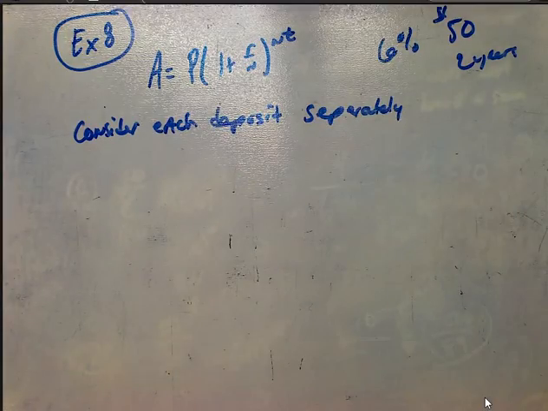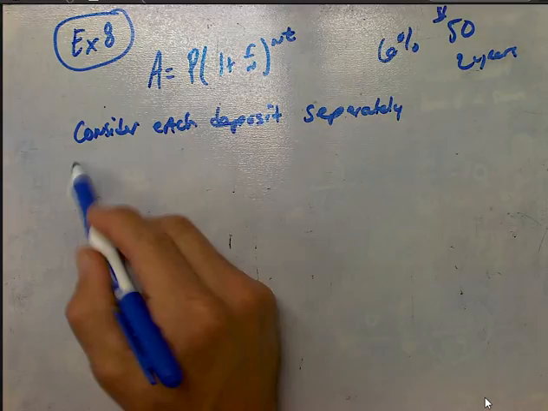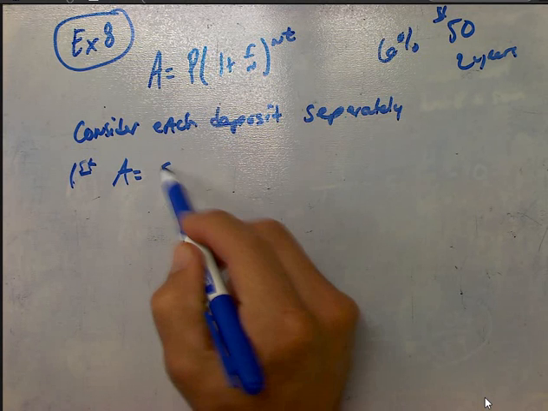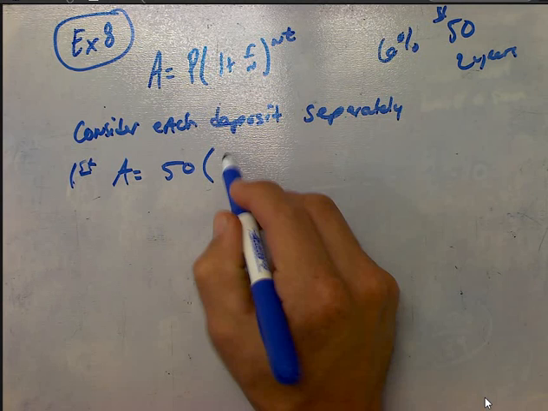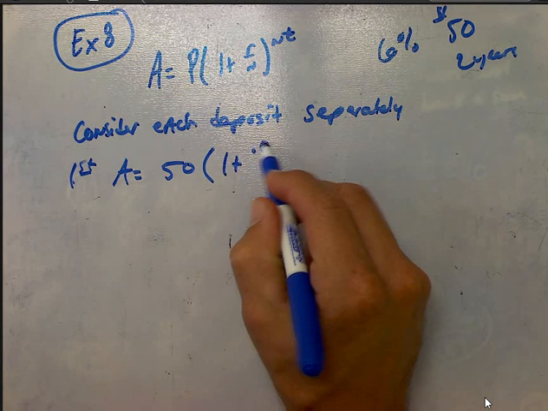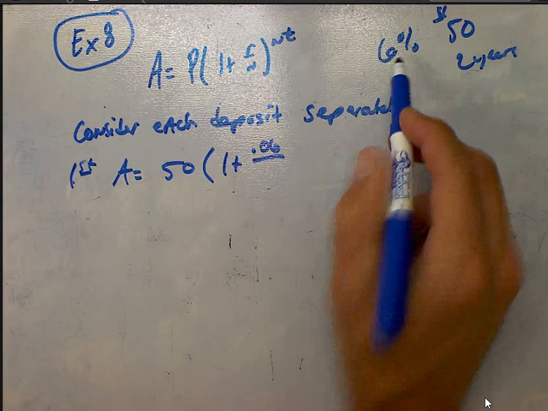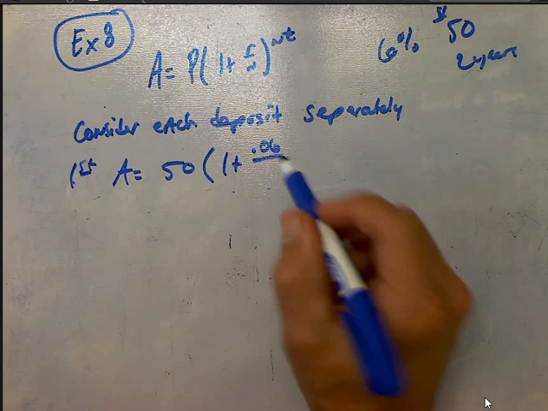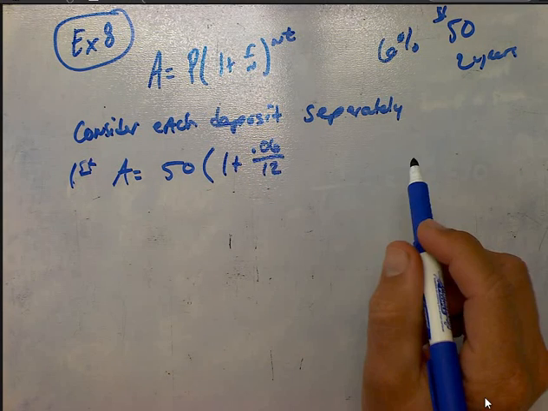So on our very first deposit, it's going to be A equals $50 you're putting down times 1 plus the interest rate 0.06 over N, which is 12, because you're compounding monthly. Notice 6% became 0.06. That's where N comes from.